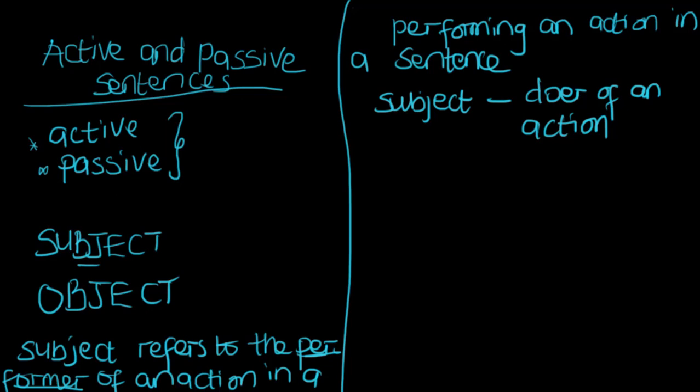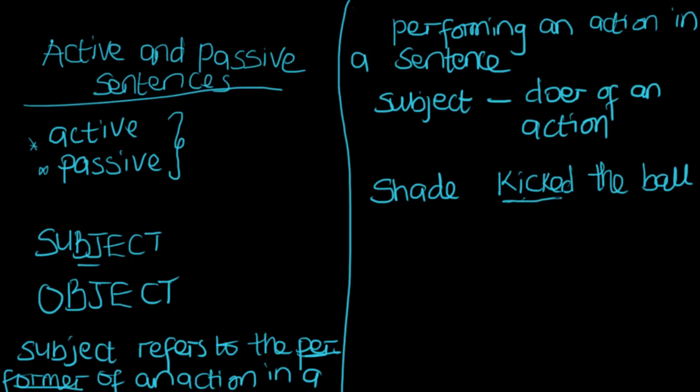Let's take an example. Here we have a sentence: Sade kicked the ball. Now, how do we get to know the subject? Remember, I said the subject refers to the person performing an action. First of all, what is the action being performed? This is kicked. The action being performed, we call it the verb. Now, what is the subject?